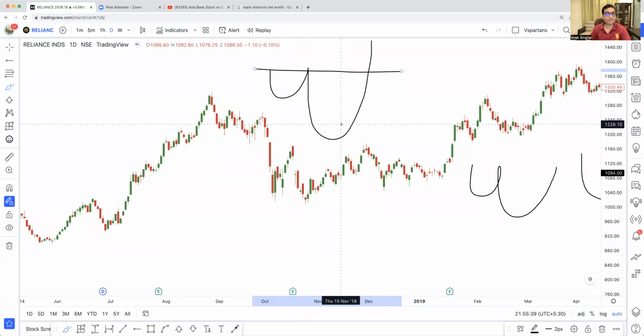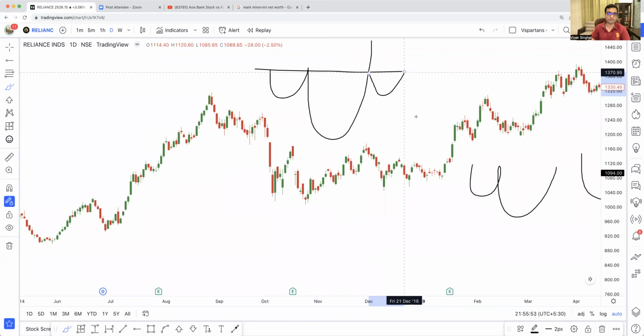Right? Why? The simple reason, this is not a valid cup with handle pattern because the handle cannot be bigger than the cup. And this is not a reverse head and shoulder pattern because to make a right shoulder, it should have come down from here itself without giving a breakout to make a right shoulder.